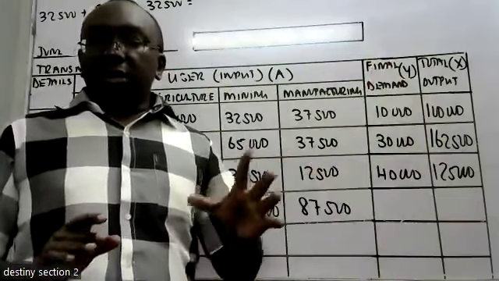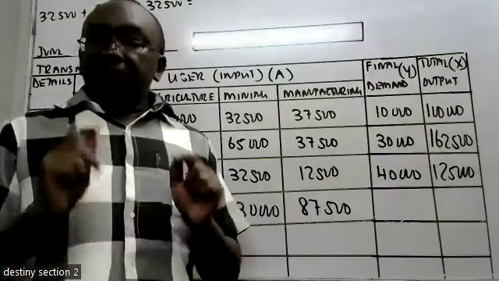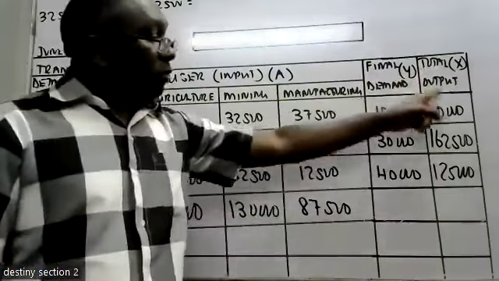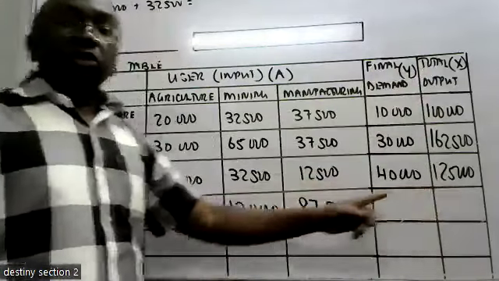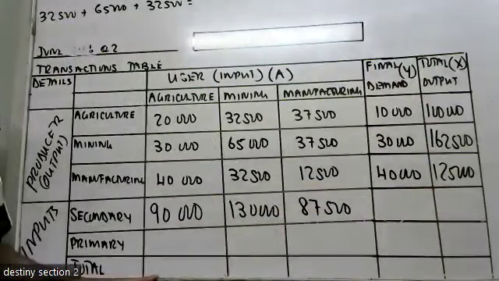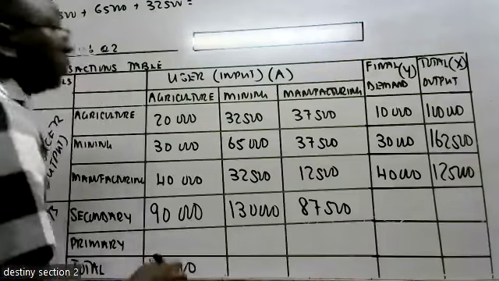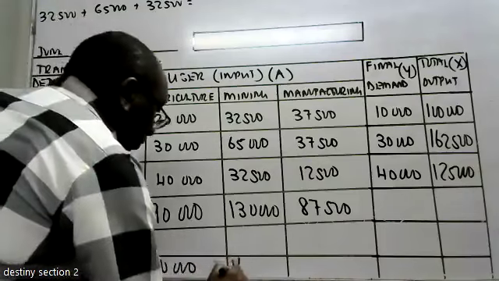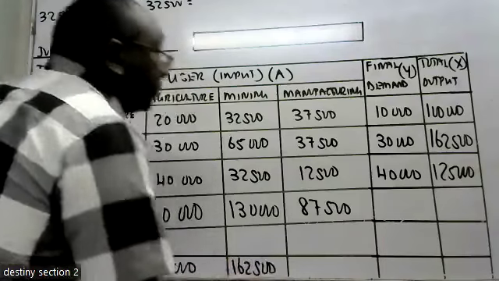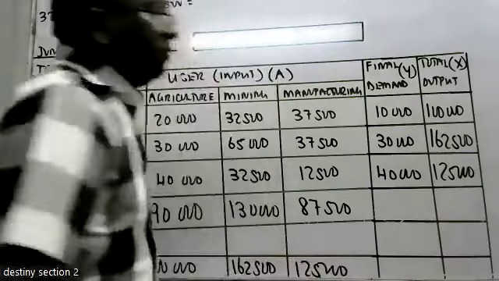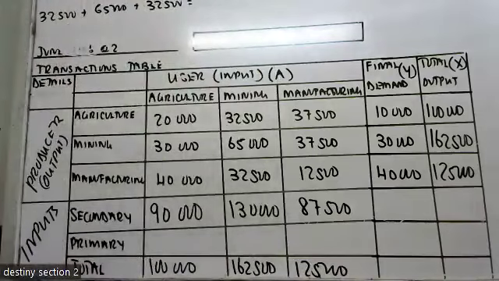We don't lose, we don't gain. The implication of that assumption is that the total output here, this one, should be equal to the total input. So let's copy here. This one is 100,000. This one is 162,500. And this is 125,000. So copy that.